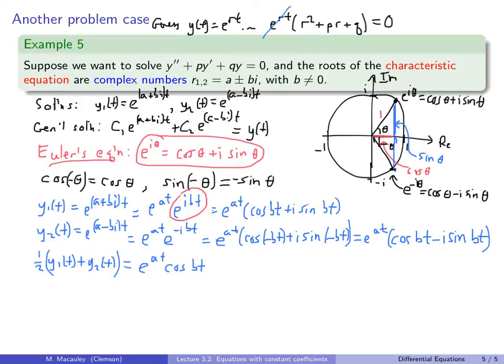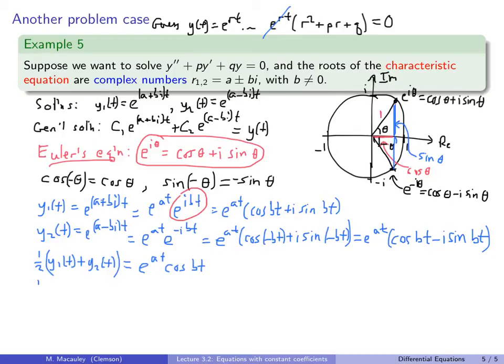If we subtract y1 minus y2, the cosines will cancel, and we get 2 e to the at times i sine of bt.